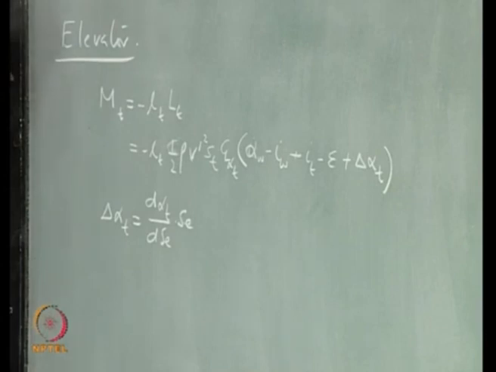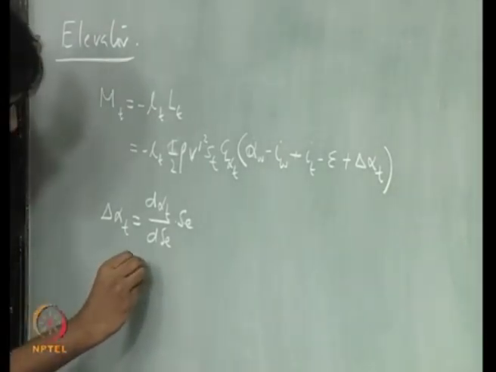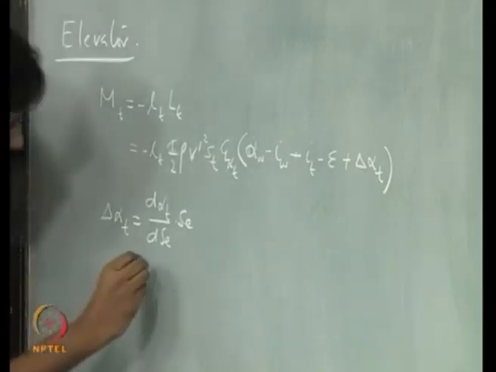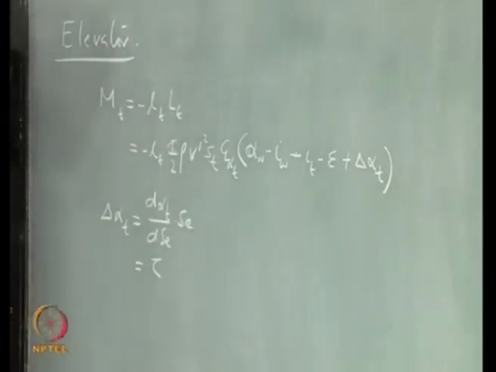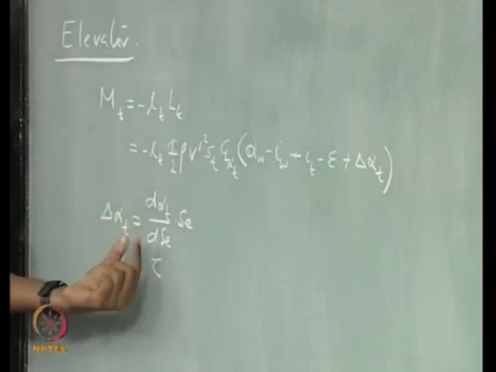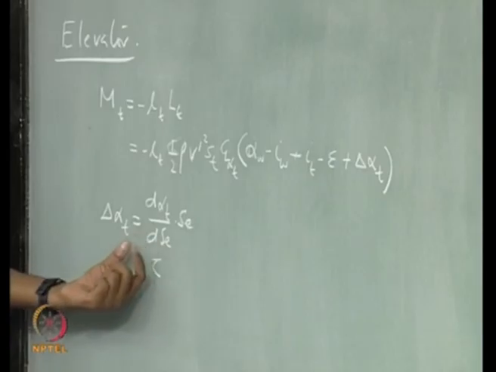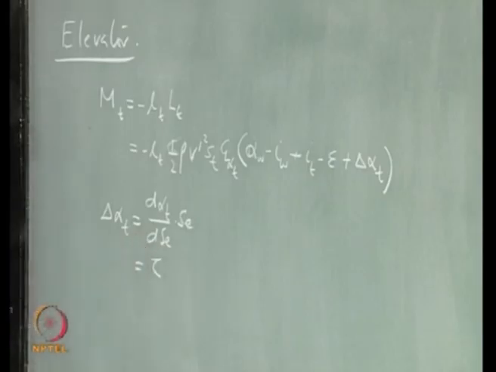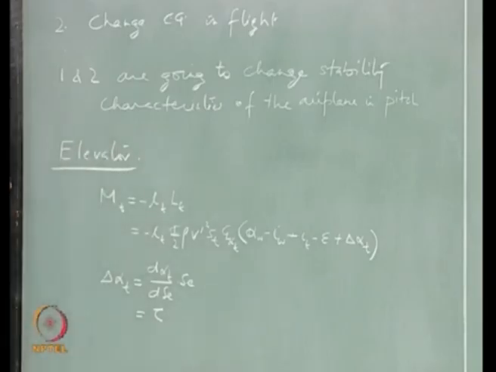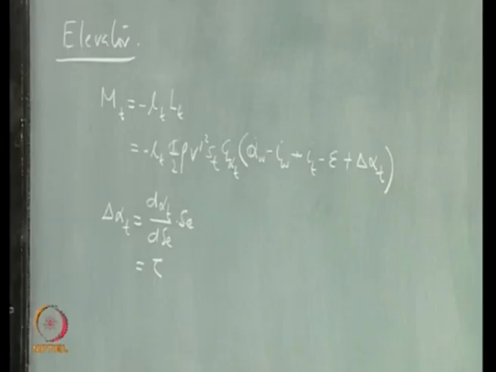Okay. This quantity, which is the change in angle of attack at the tail due to a change in elevator deflection, is depending upon the area of the control surface and the area of the complete tail.